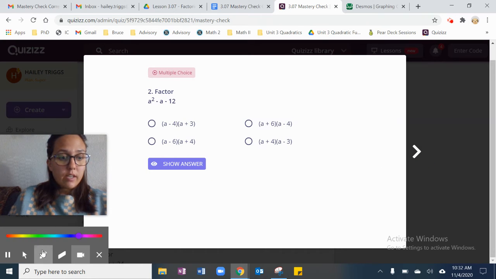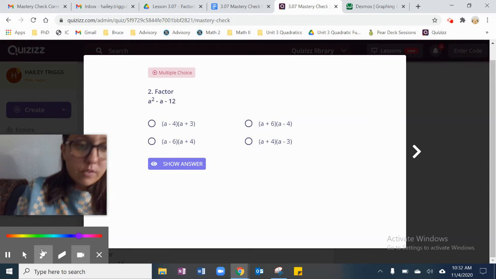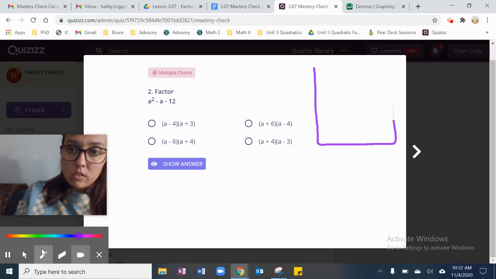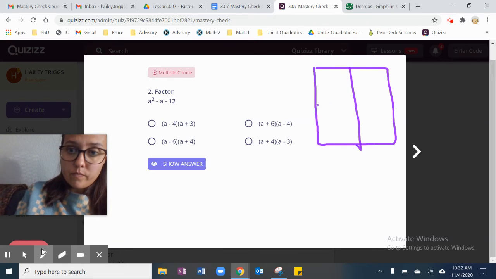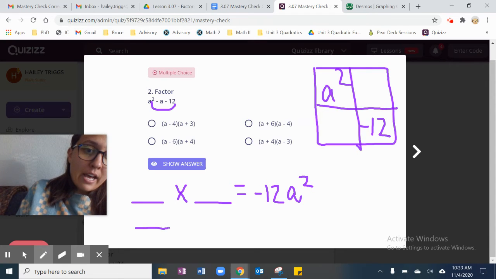For this guy, again, we always start by drawing our box. So a squared and negative 12. We want to multiply our a and c, so we want to know what multiplies to negative 12a squared, but what adds to negative a.